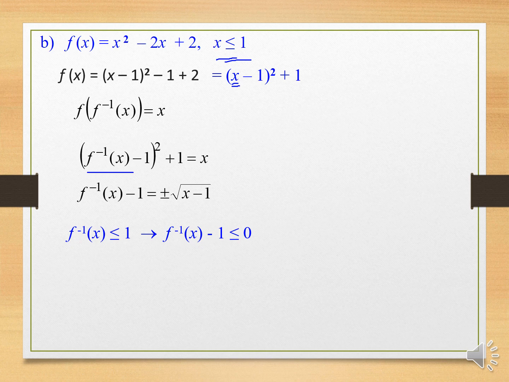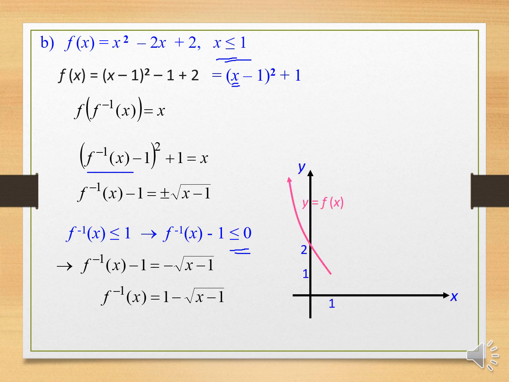Therefore, f inverse(x) minus 1 is less than or equal to 0. Then we take the negative part only. It implies f inverse(x) minus 1 equals negative square root of x minus 1. And f inverse(x) equals 1 minus the square root of x minus 1.